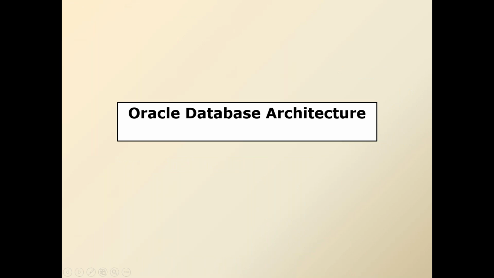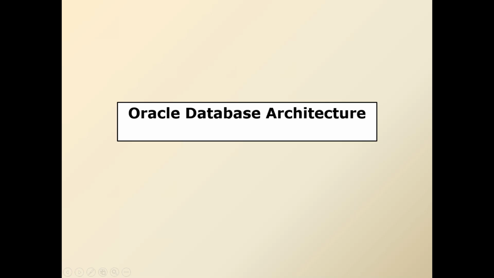Before we start on what is Golden Gate, let us quickly have a look at Oracle database architecture. The thing is, Golden Gate is a product which works in conjunction with the database. Golden Gate is a replication tool. It's not only a replication tool, it's a data intelligence tool.